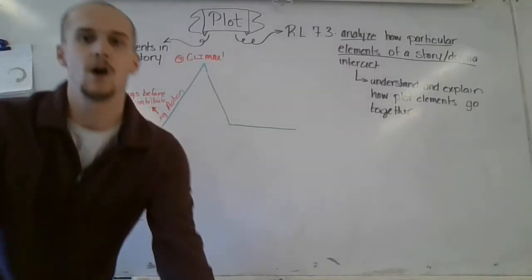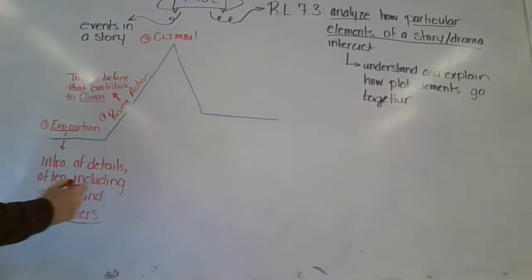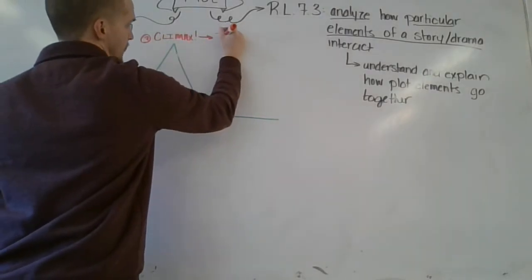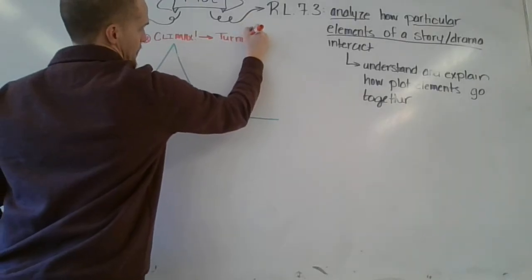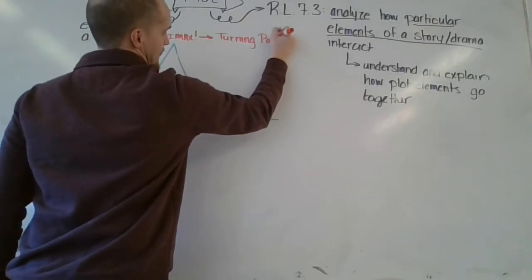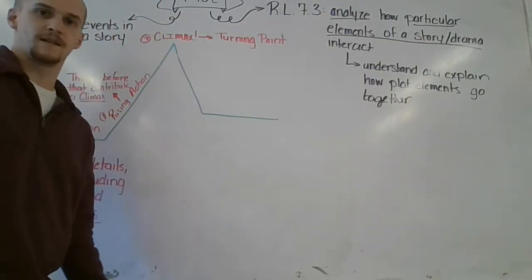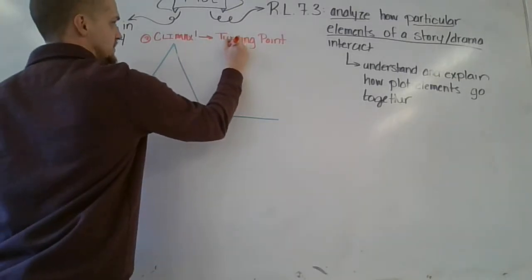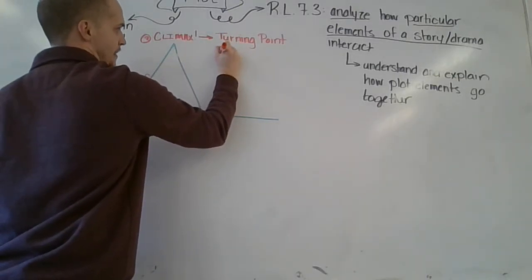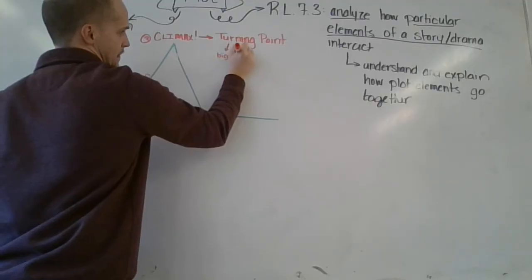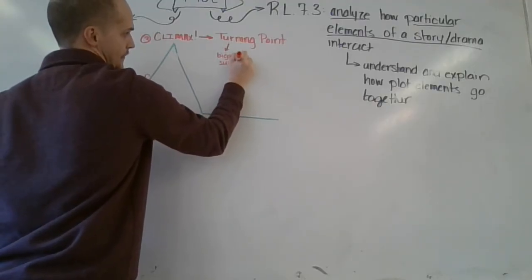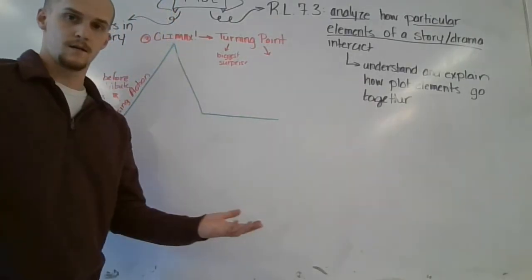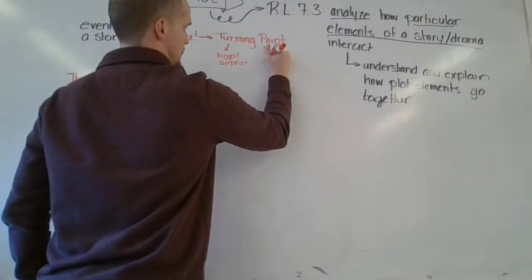And the climax is oftentimes the turning point. That is the turning point of the story. And that can be either a big surprise, biggest surprise, or the main character can learn a lesson.